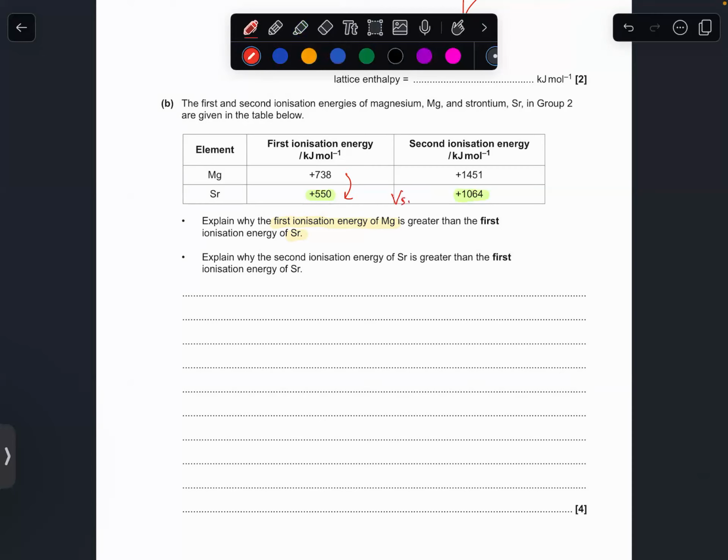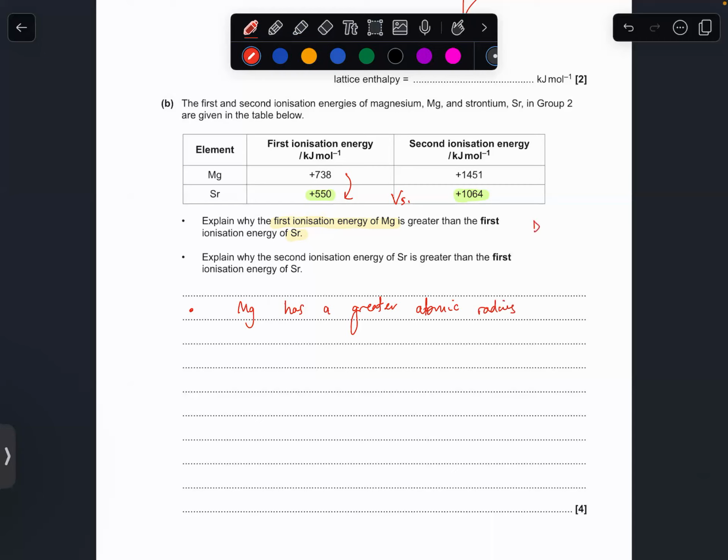To explain this, let's look at the first point. The first ionization energy of magnesium. The reason for this is that magnesium has a greater atomic radius. Whenever you're dealing with ionization energy, there's three factors.